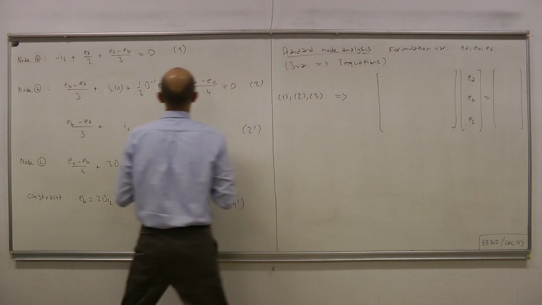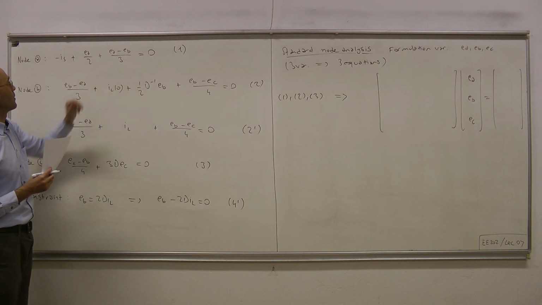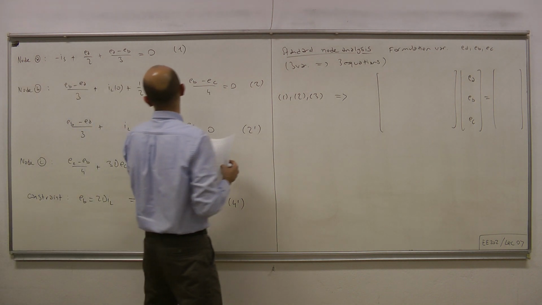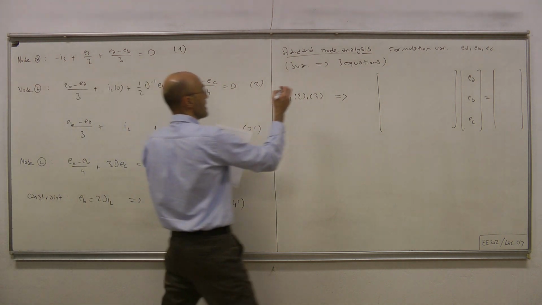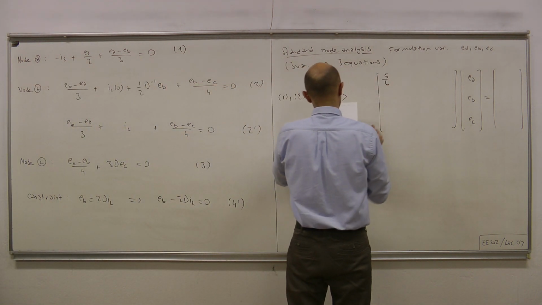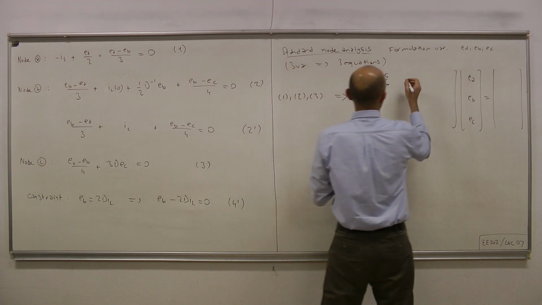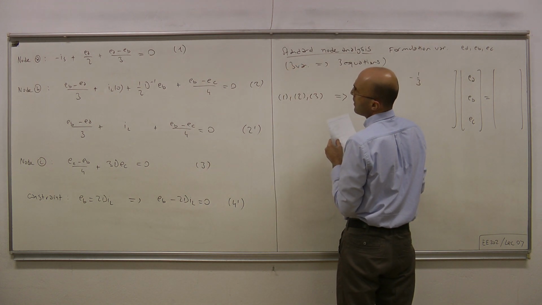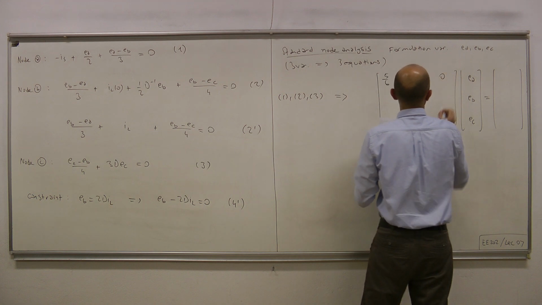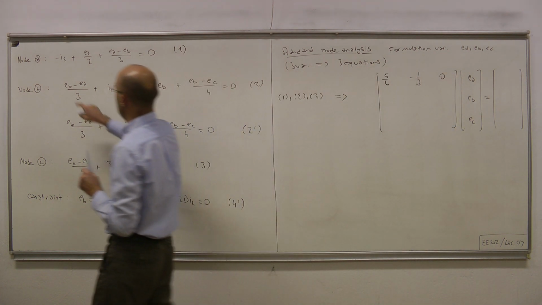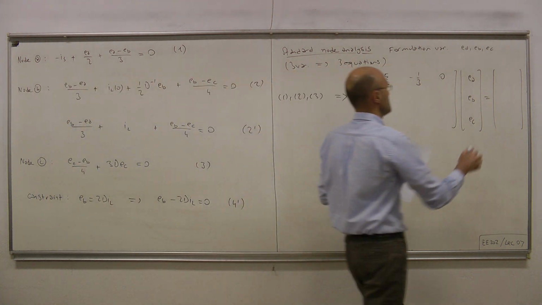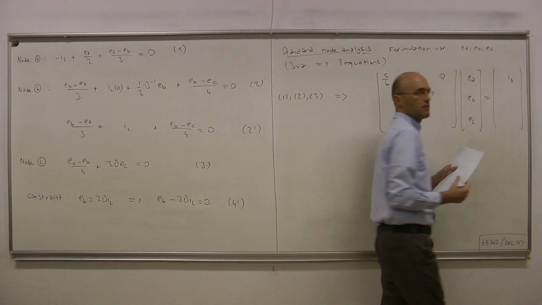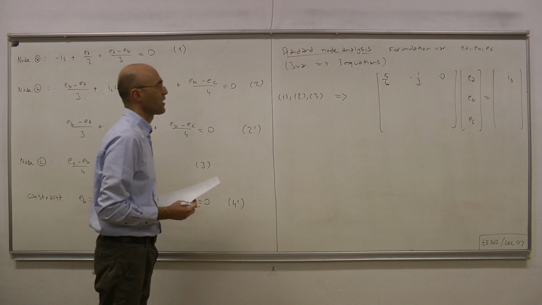For the first row, let's get the first equation. Okay, so what we have here is for EA we have 1/2 and 1/3. That makes 5/6. For EB we have 1/3. For EC we have nothing. And then what remains is IS. We throw it to the other side and it appears here. IS. So that's the first row.